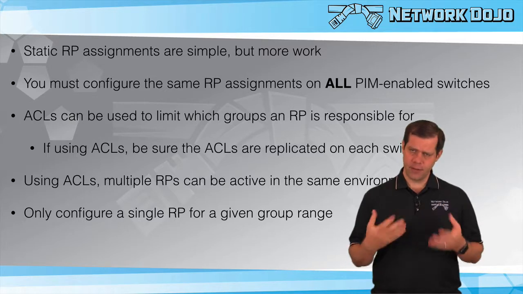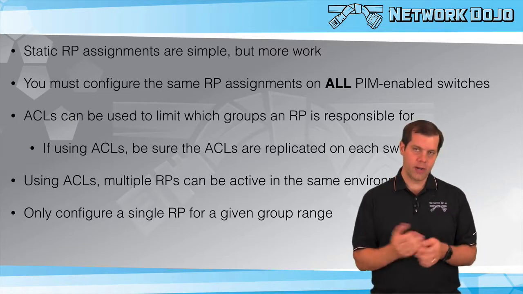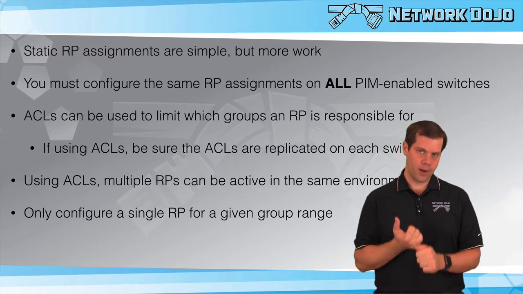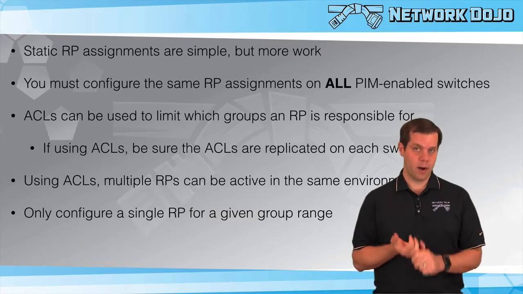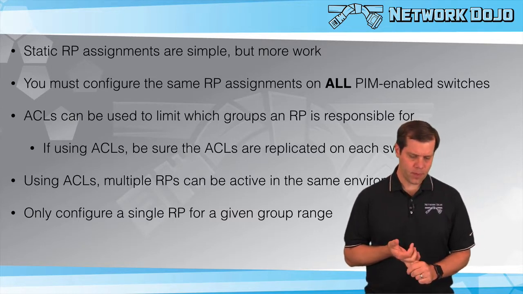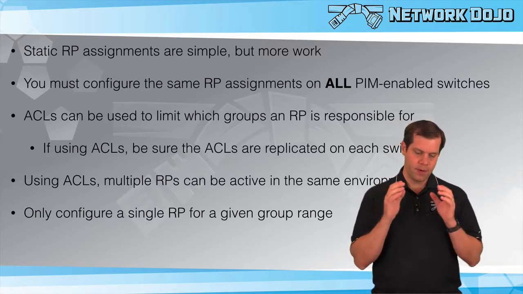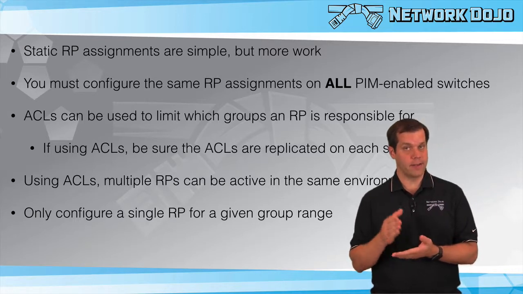So this is what's going to allow us to potentially have more than one RP active at a given time. Because there's kind of a rule of thumb with multicast that for a given multicast range or IP, we can only have one RP for it. And so, for instance, let's say that I want to have an RP for multicast groups that start 239.x.x.x.